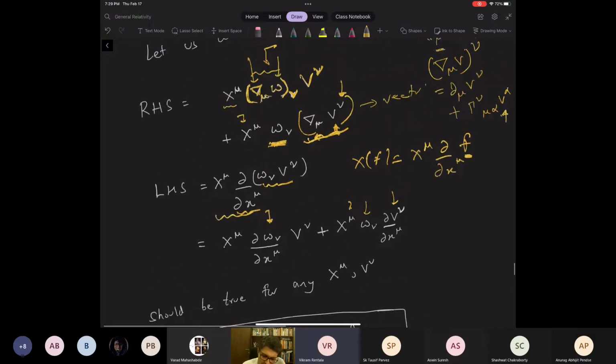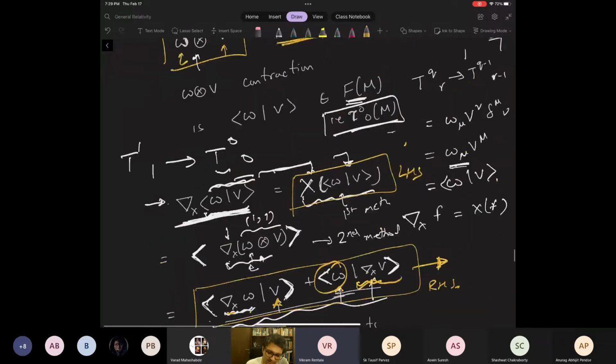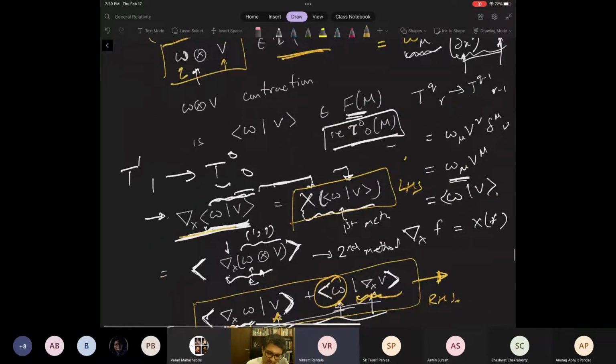Now this equality between the left hand side and the right hand side, remember that we're just evaluating the derivative with respect to x of WV. This equality should be true for any vector field x, and any vector field v.